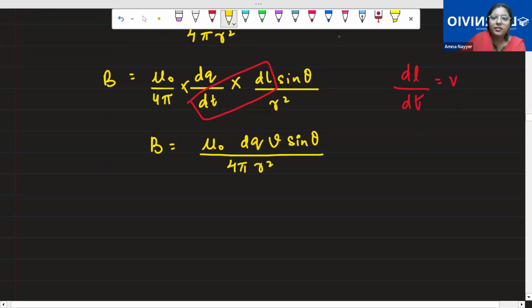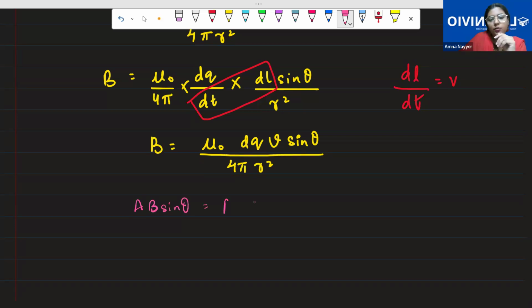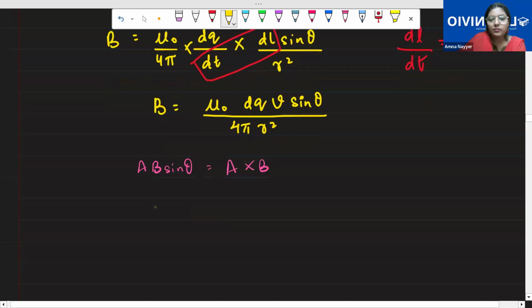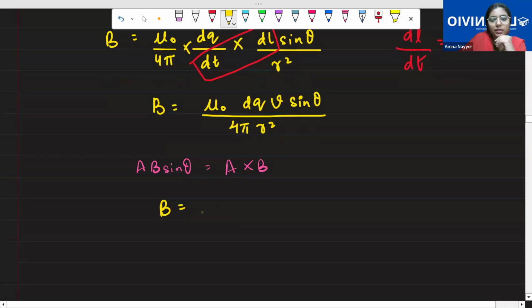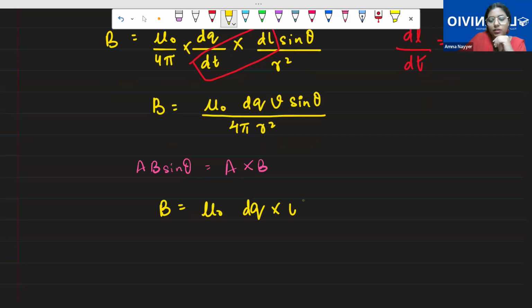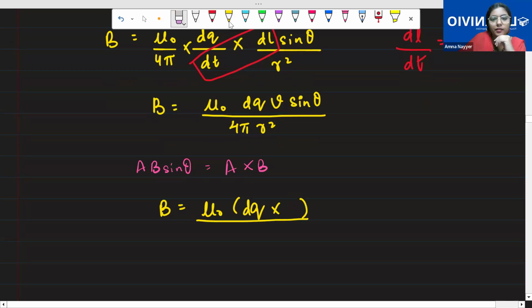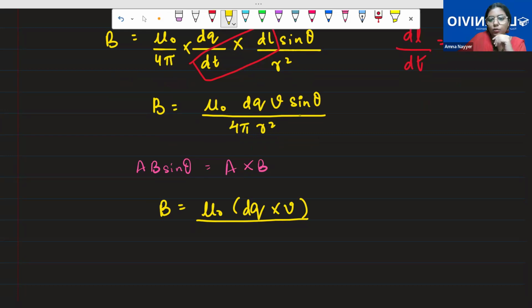Now see, whenever you have a b sin theta, this is equal to a cross b. So B is equal to mu naught by 4 pi, dq cross v by r square.